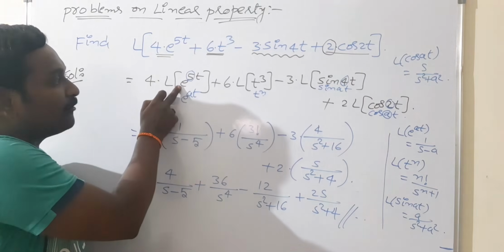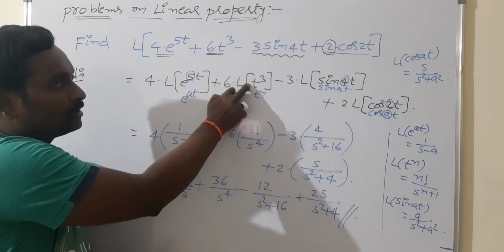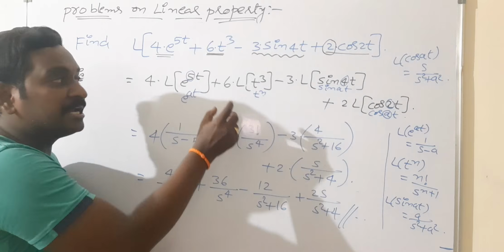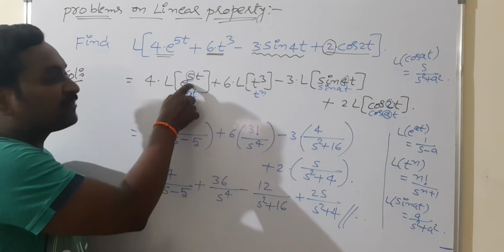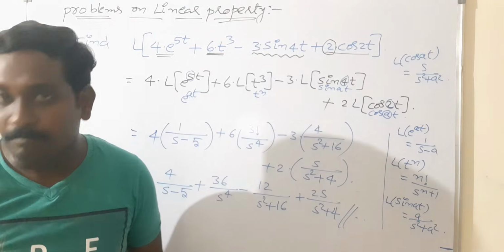For example, here we have e power 5t, which is in the e power at form. Here we have t cube, so t cube is in the form of t power n. Identifying the structure of the inside function is very, very important in the concept of Laplace transformation. Okay, please see the next problem.